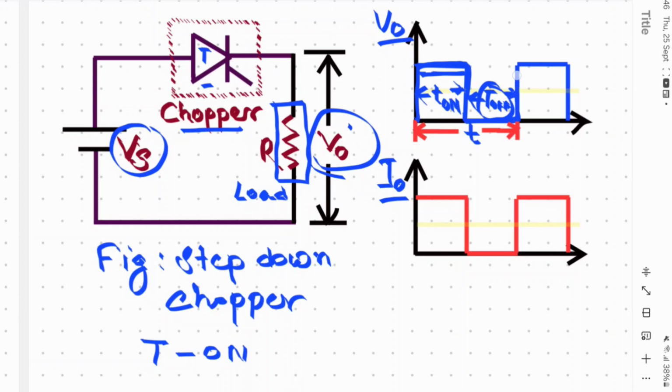Again, when the thyristor is on, we get voltage across the load, and it will be 0 again when the thyristor is off. The current waveform is also similar to the voltage.